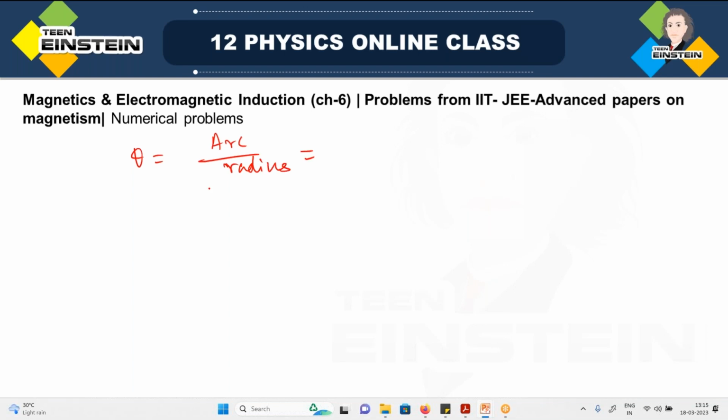So we have to find out the arc length. Here the arc length is speed, which is given, into time, which is also given, divided by radius.